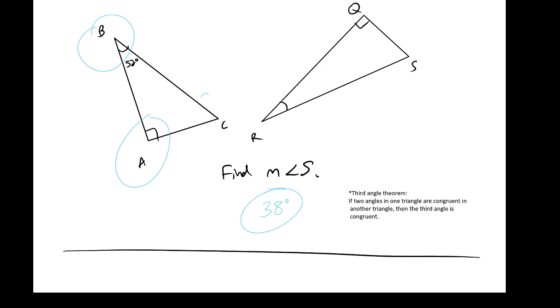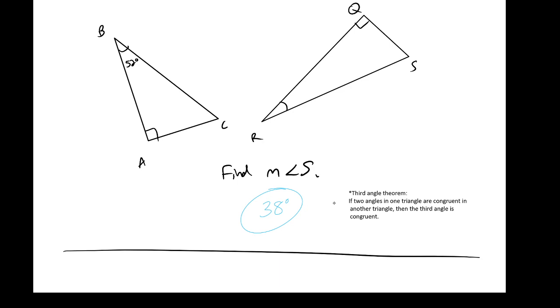A plus B plus C is going to be equal to 180. Q plus R plus S is going to be equal to 180 because these are triangles, right? Sum of the interior angles of triangles, which is a theorem we have. So since both equal 180, A plus B plus C is equal to Q plus R plus S, because that's transitive.